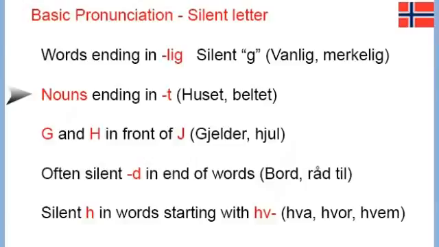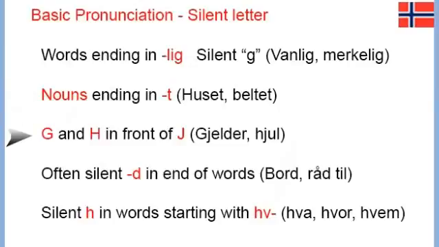So in this example it's huset or beltet. Again, this is nouns and it's not related to verbs. You might hear someone trying to be particularly clear, saying these T's even in Norwegian, but just avoid them, because it will sound weird and it will sound like a verb. So nouns ending in T in the definite form: huset, beltet.